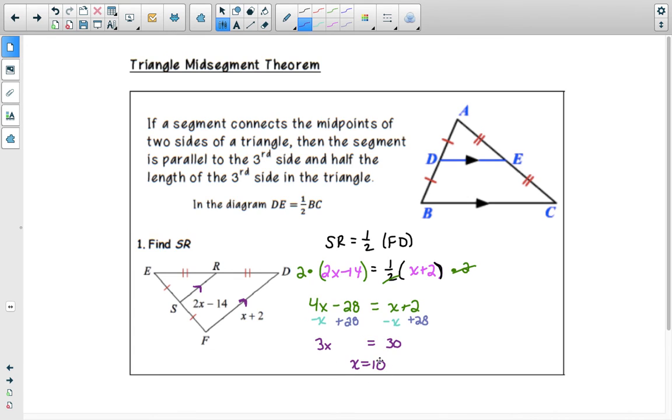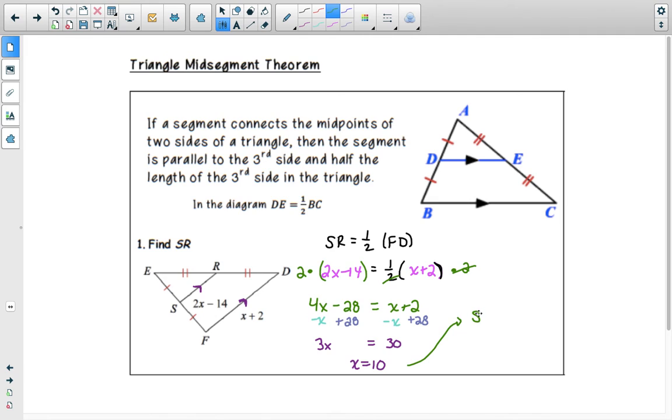Now I'm not going to circle this because my answer is not just saying x is 10. The question said find SR. So I want to find the length of SR. To find the length of SR, I will plug my x value into the expression and find the length.